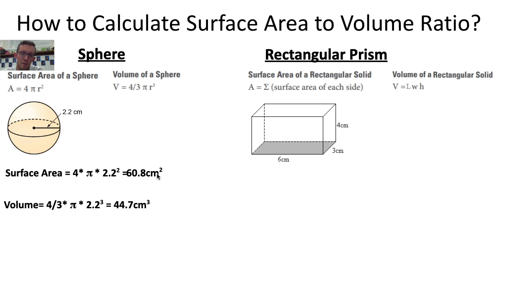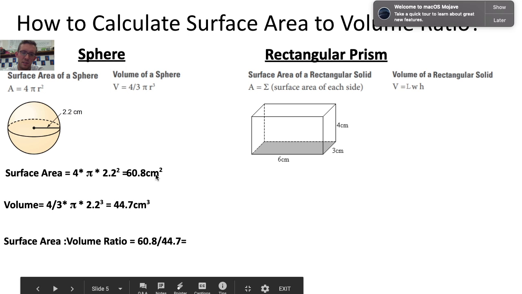One is talking about flat surfaces, and one is talking about 3-dimensional space. Anyway, the surface area to volume ratio of this sphere would be 60.8, the surface area, compared to 44.7, the volume, which would reduce to 1.4 centimeters squared for every 1 centimeter cubed.